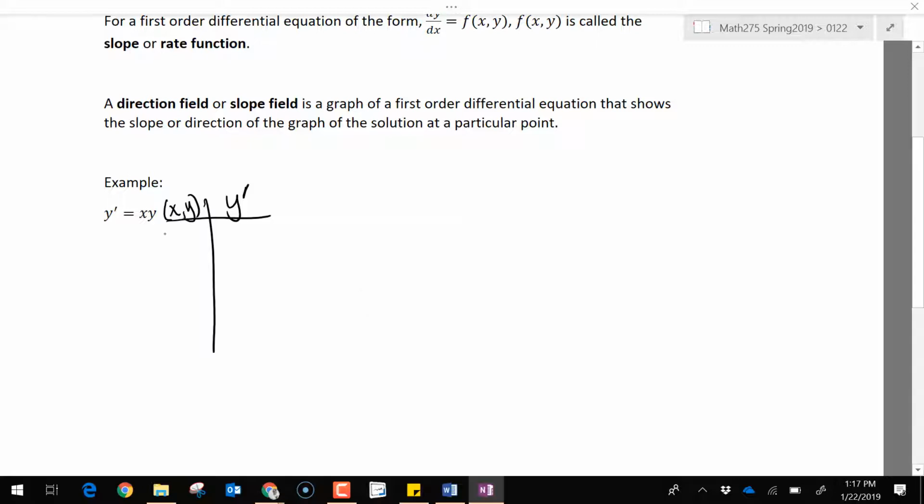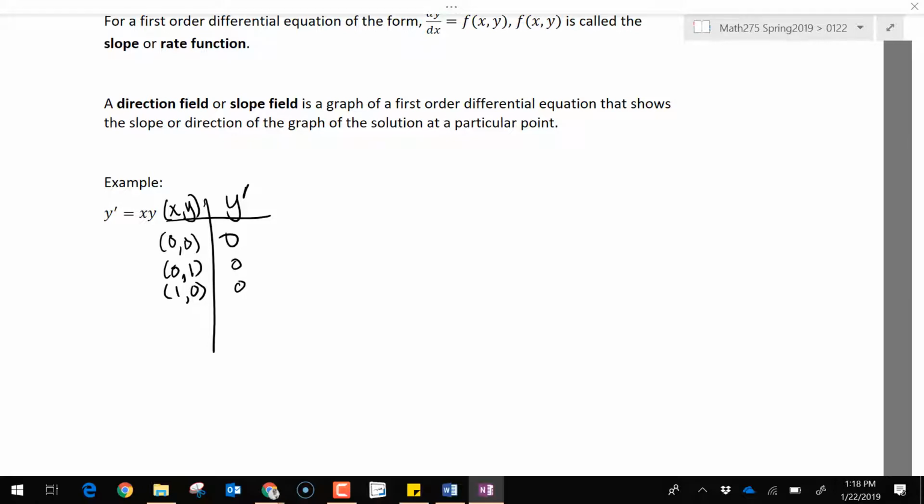That's always a good place to start. If we pick 0, 0, and we plug that into our equation, what's y prime going to equal? 0. In fact, if we pick any combination where one of them is equal to 0, we're going to get zeros for those, right? Kind of boring.